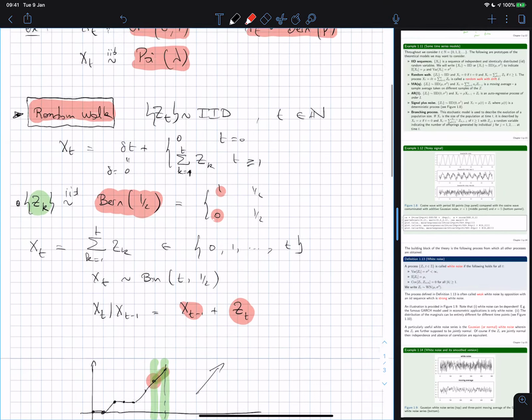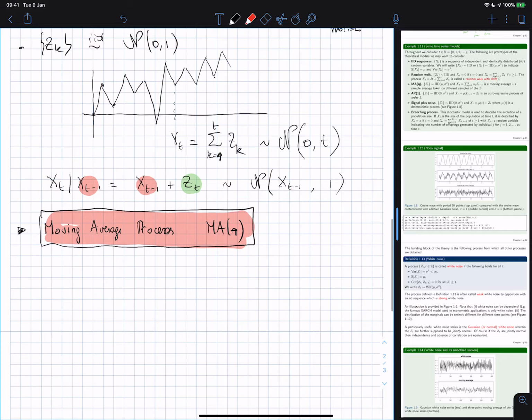So we take Zt IID once again, with some mean and some variance.